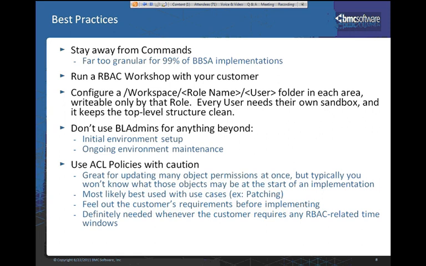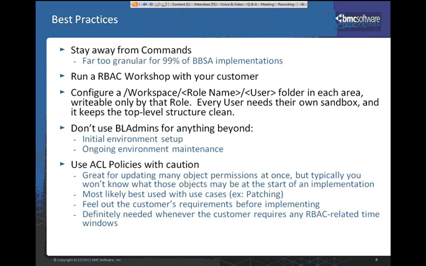I find that they're probably best used around specific use cases. So if you think about patching, patching involves a lot of different objects. You have the patch catalog, the patch payload, the patch job, the multiple patch jobs such as analysis and deployment, and the server that you're deploying your patches to.